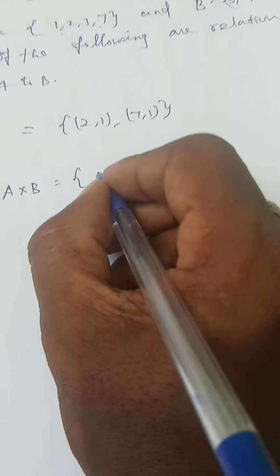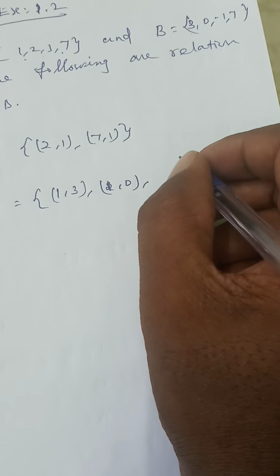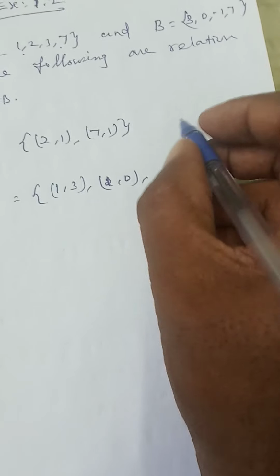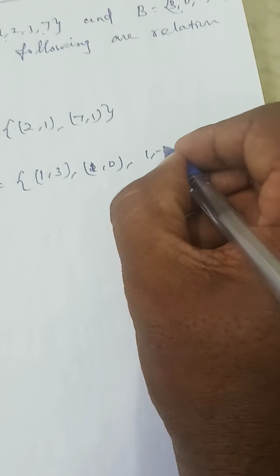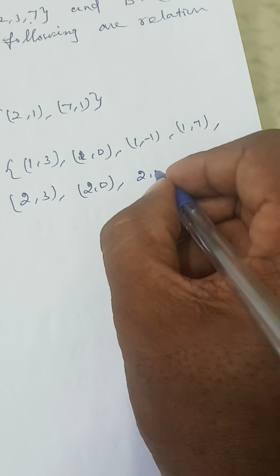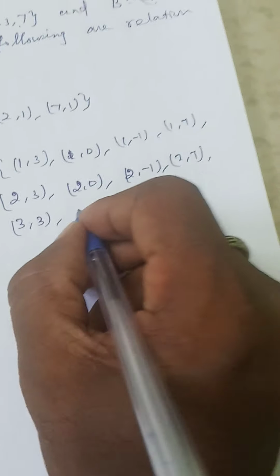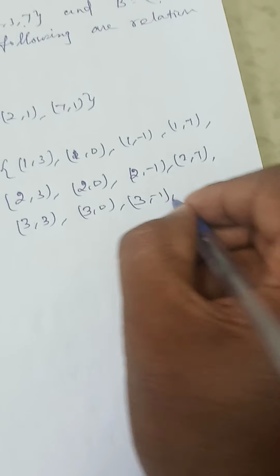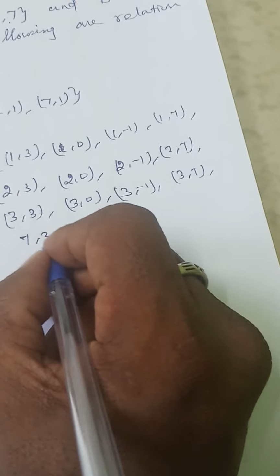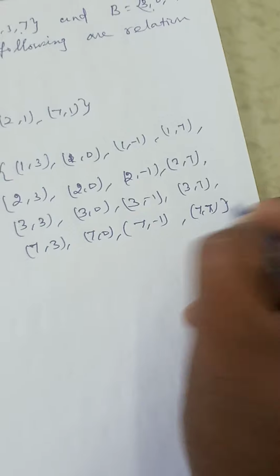The pairs are (1,3), (1,0), (1,minus 1), (1,7); (2,3), (2,0), (2,minus 1), (2,7); (3,3), (3,0), (3,minus 1), (3,7); and (7,3), (7,0), (7,minus 1), (7,7). That is A cross B.